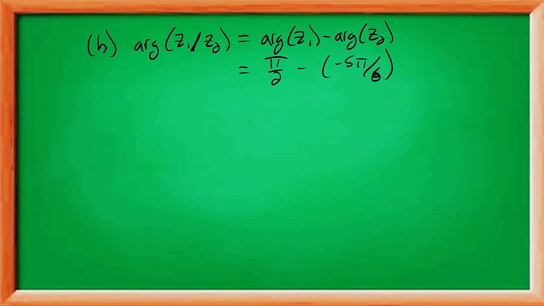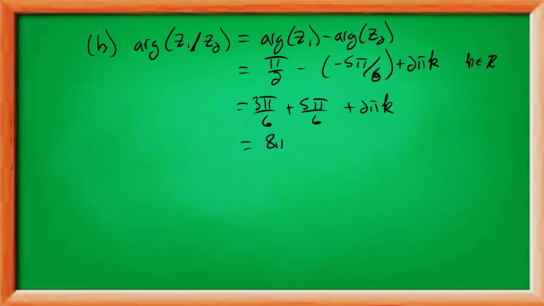You could do 7π/6 if you like, and then we take all multiples of 2π, so all full rotations. So this is going to be 3π/6 plus 5π/6 plus all multiples of 2π. That's going to be 8π/6 plus all multiples of 2π, which is 4π/3 plus all multiples of 2π.